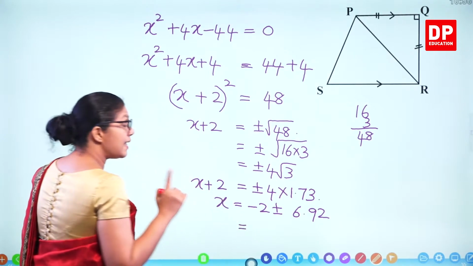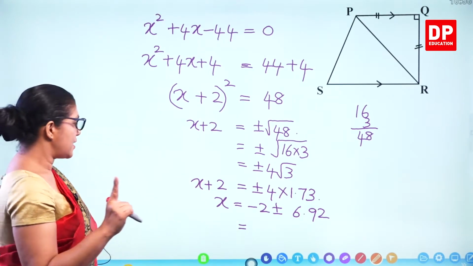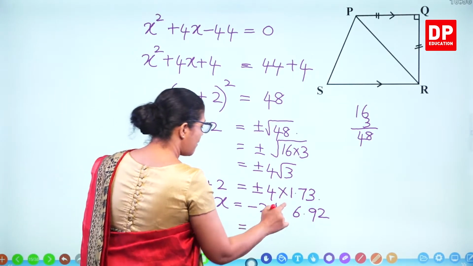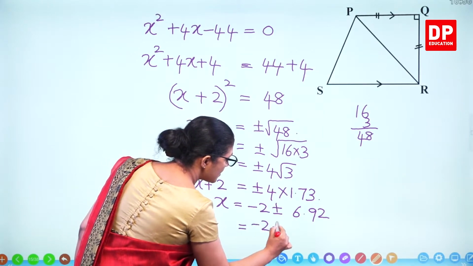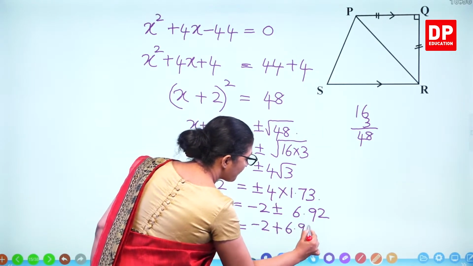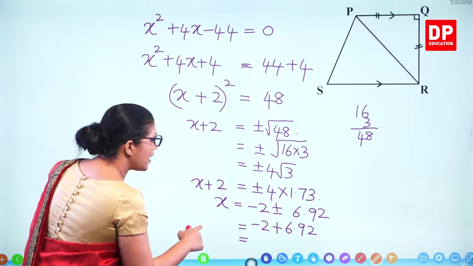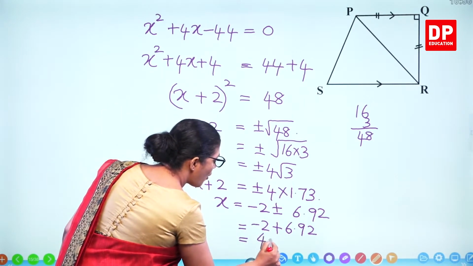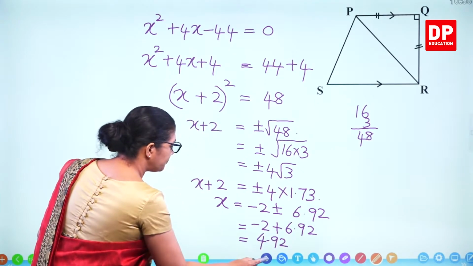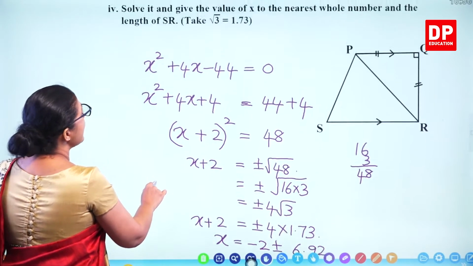Now x is a length, cannot be negative. So you can't take the negative value. So x is the positive value here. So that means 6.92 minus 2, 4.92. So that's x value.